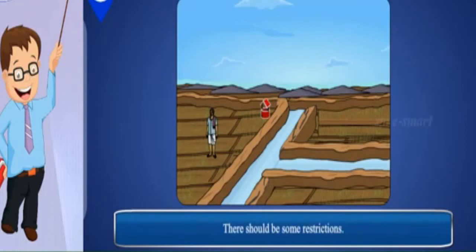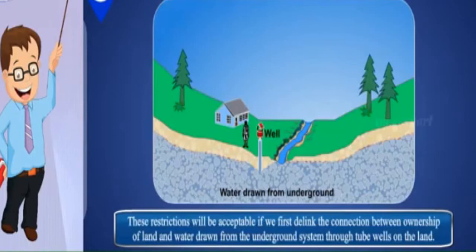There should be some restrictions. These restrictions will be applicable if we first delink the connection between ownership of land and water drawn from the groundwater system through tube wells on the land.